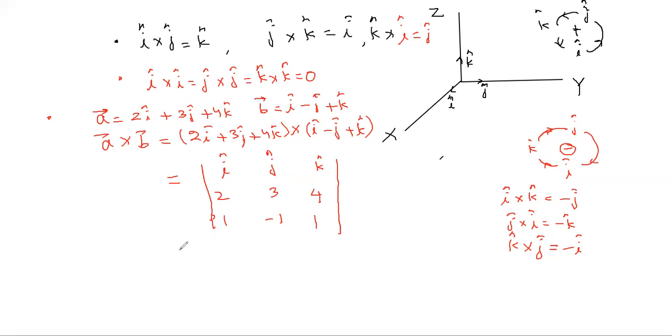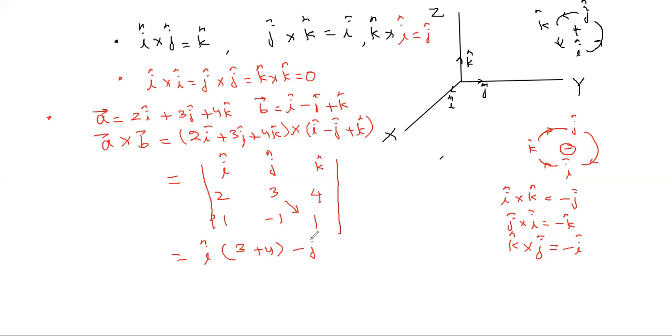Then you can expand it to get the result of A cross B. When you take i, in the first row and first column, it is 3 into 1, 3, minus minus 4, plus 4.